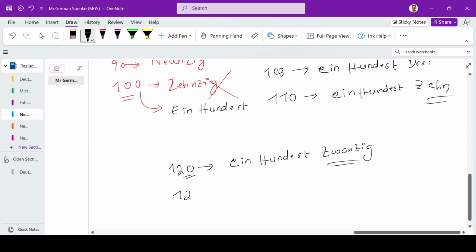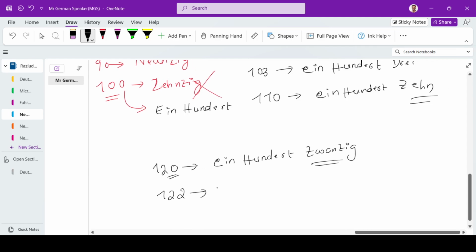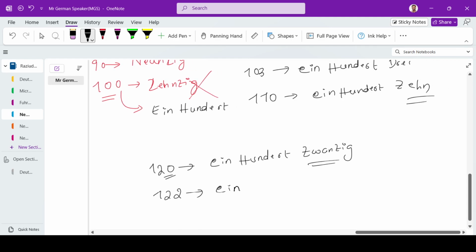And if I need to write 122, I write it just like how we pronounce 122 in English. After 100, we use the same formula, the same logic.